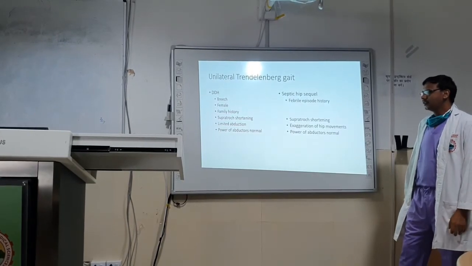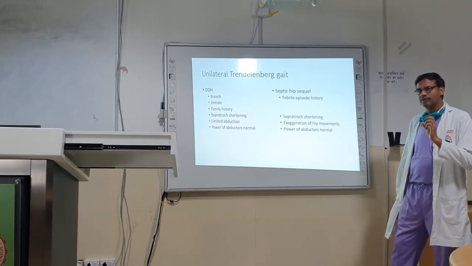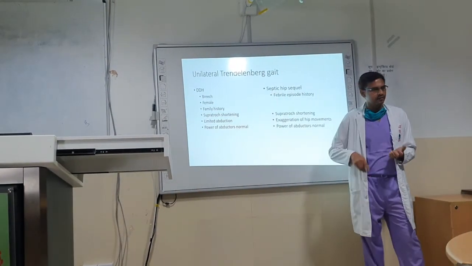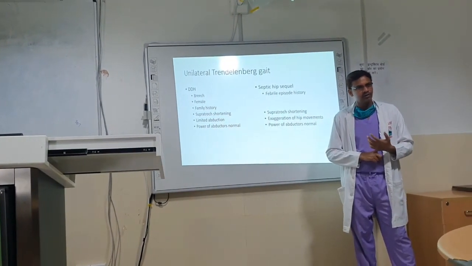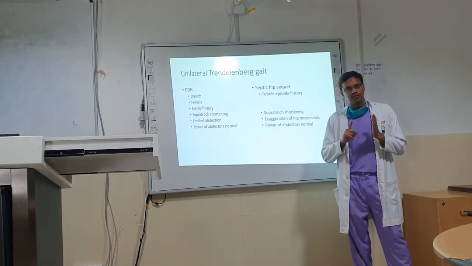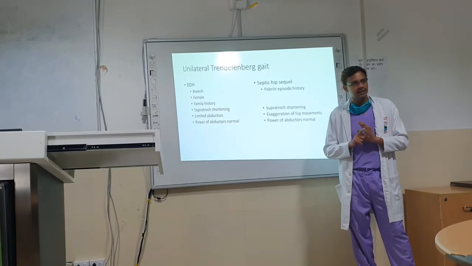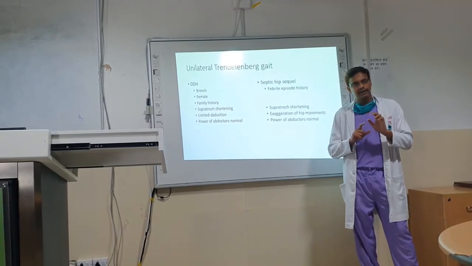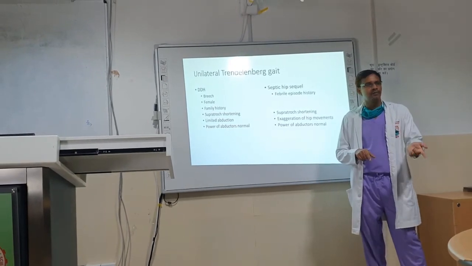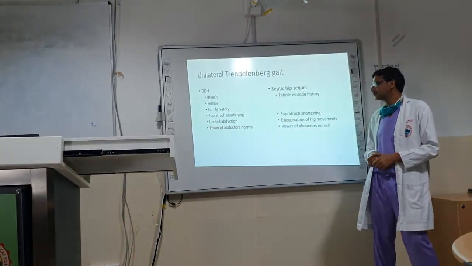So in DDH, there are certain points which will guide you towards diagnosis. First, you should always ask whether it was a breech delivery, because there is higher incidence of DDH in breech delivery. Most of the time the child is a female child. So DDH is much more common in females, while clubfoot is more common in males. You should remember this thing.